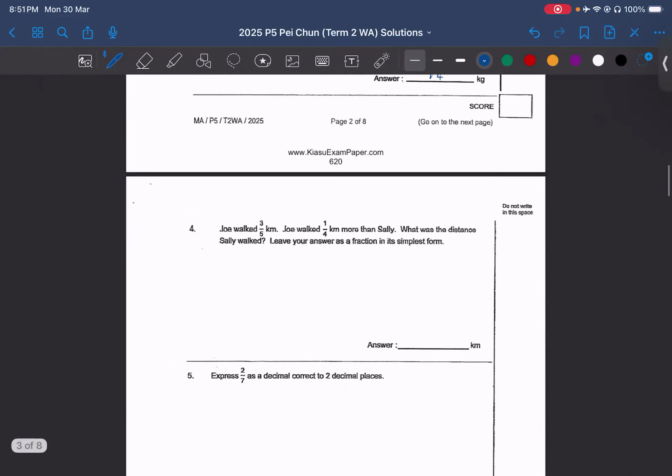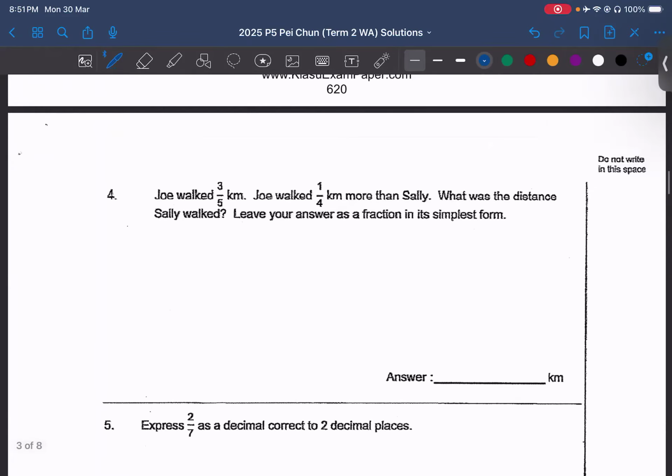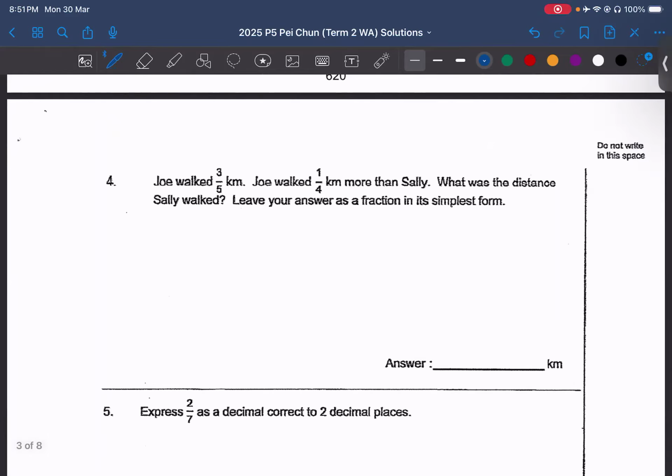Okay, next. Joe walked 3 over 5 kilometers, and Joe walked 1/4 kilometers more than Sally. What was the distance Sally walked? Leave your answer as a fraction in its simplest form. So in this case, Joe walked 1/4 kilometers more than Sally. Okay, so this represents a difference.